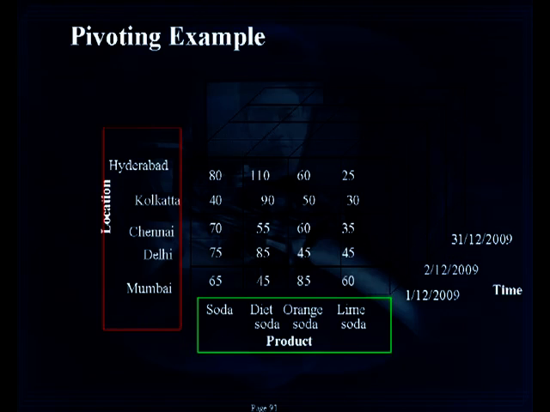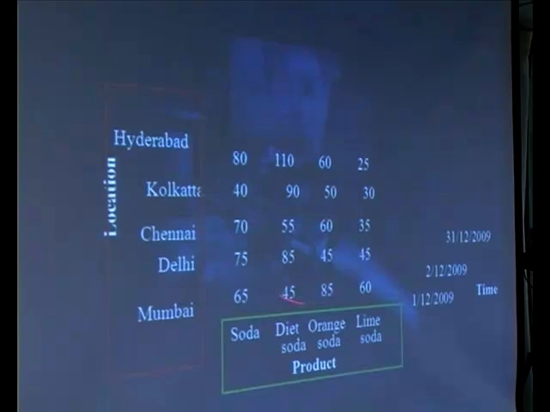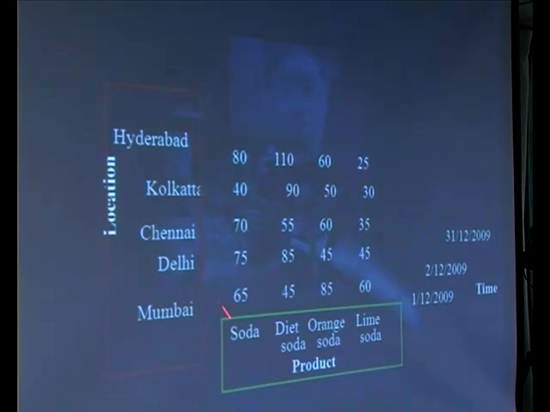So to answer the second part, I'll take an example of how pivoting behaves. Suppose you take a data cube of 3 dimensions where time is one dimension, product is another dimension, and location is another dimension. This is the x-axis, this is the y-axis, this is the z-axis: X, Y, Z. X is location, Y is product, Z is time.